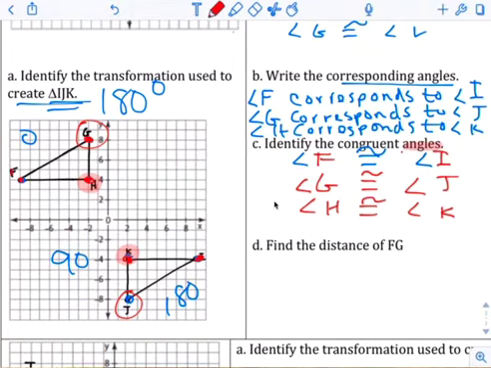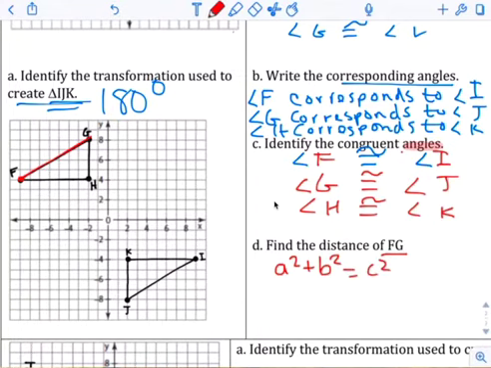Find the distance. Find the distance of, let's see, F and G. When you're missing any distance, you use the Pythagorean Theorem, which is a squared plus b squared equals c squared.